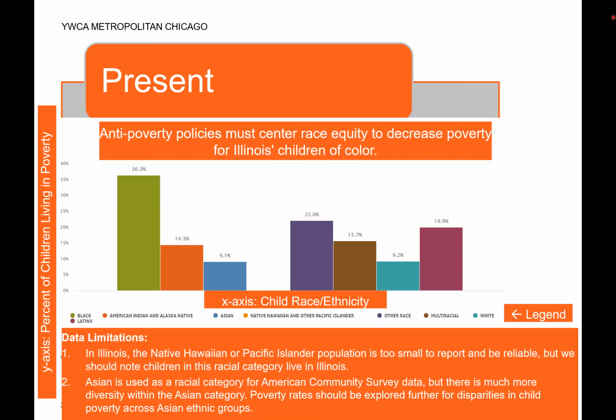In addition, Asian is a commonly used racial and ethnic category, especially on the American Community Survey data, which is where this data is from. But we know that there's much diversity among our Asian community. So let's highlight this as a data limitation and uplift the need to explore the differences in poverty among different Asian racial and ethnic groups further.